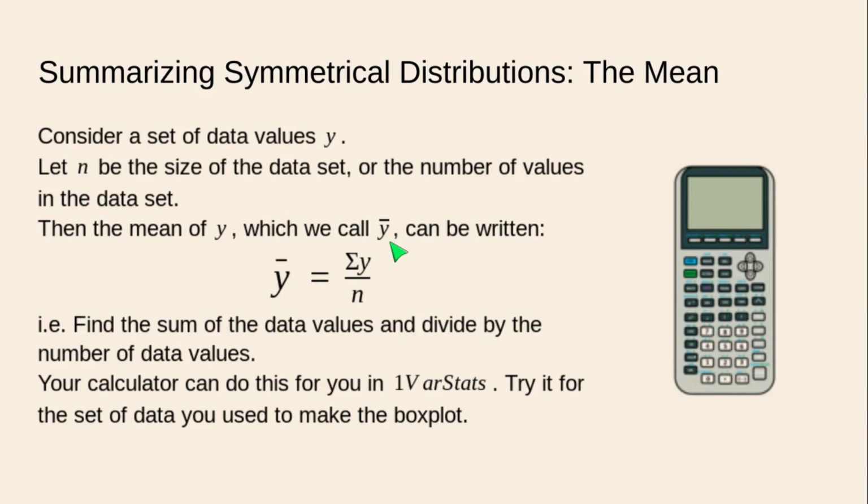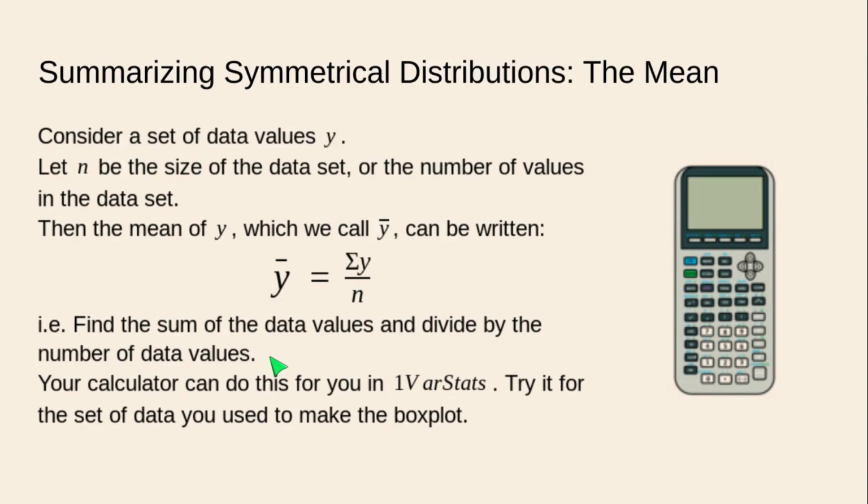Y bar, the mean of the set of data values, is the sum of those data values divided by the size of the set. In other words, we find the sum of the data values and then divide by the number of data values. That is the definition of the mean.